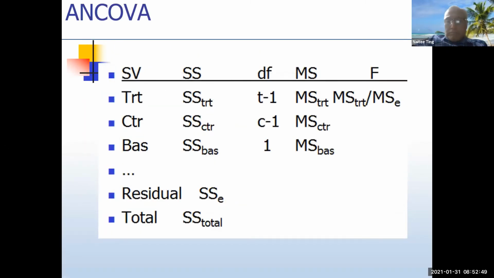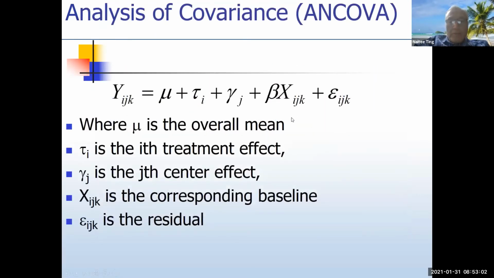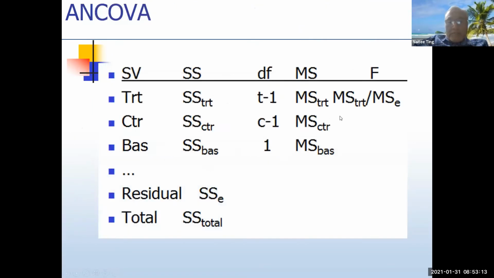So now, if you're in phase 3 and you're doing a submission, you propose this model. All right, by the way, the model is written this way: your treatment effect, your center effect, your baseline effect. When you write this model out, that reflects this model, then treatment is your main effect of interest.